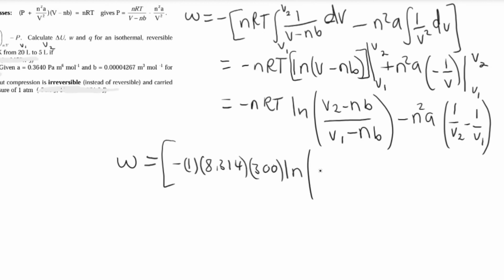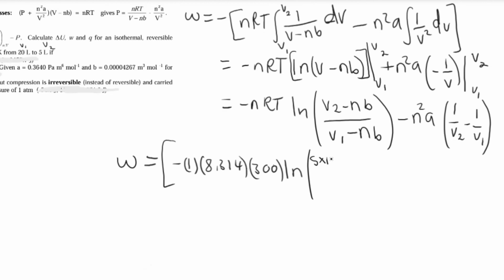Here, we need to convert them because now we are subtracting nb from them. They are in front of the ln, yes, but we need to convert them to SI units because we are subtracting nb from them. And remember, nb and b are in SI units, pascals meters cubed per mole. So we need to convert these V's to SI units as well. So V2 is 5, but we are going to multiply by 10 to the power minus 3.